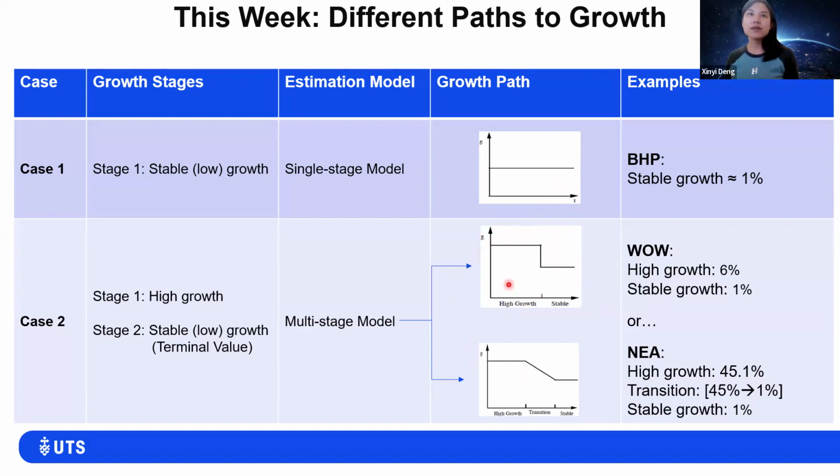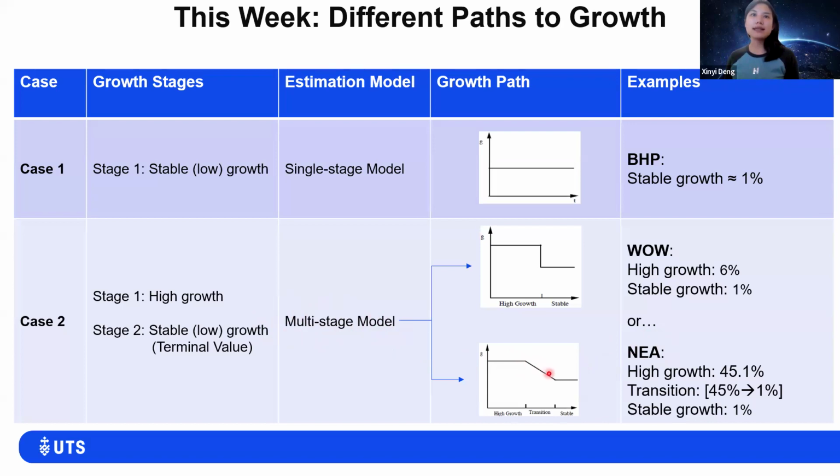Also, the two-stage model is just a special case of the multiple stage model. For the multiple stage model, we can have more than two stages. For example, let's take a look at the example of firm NEA. In stage 1, it may grow rapidly at a growth rate higher than 45%.